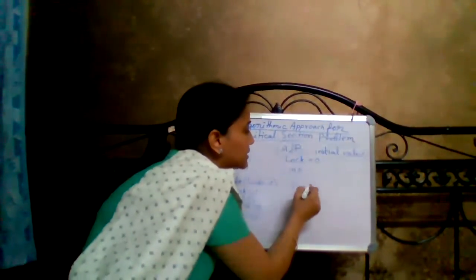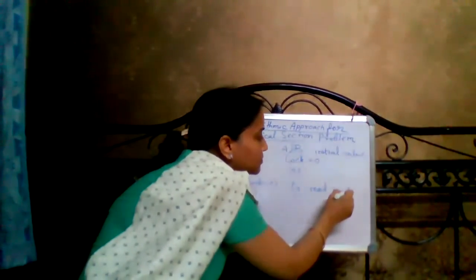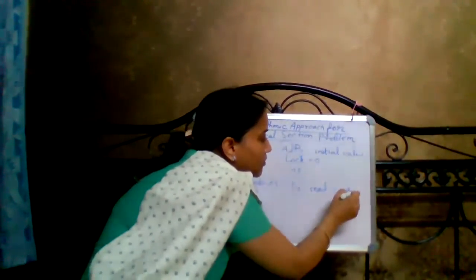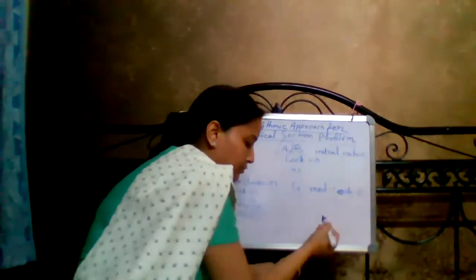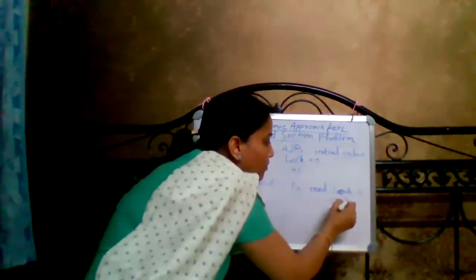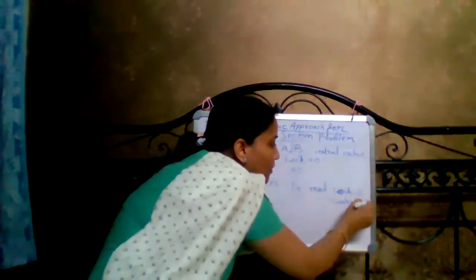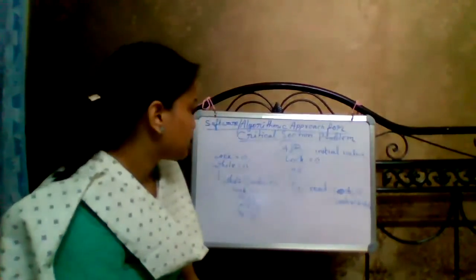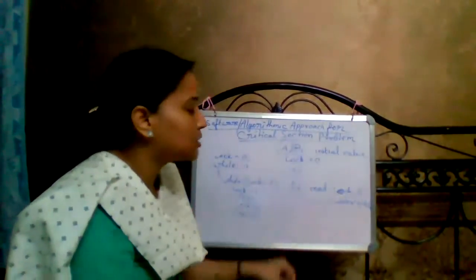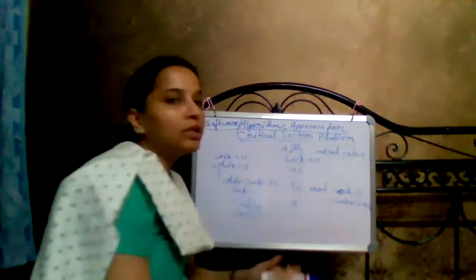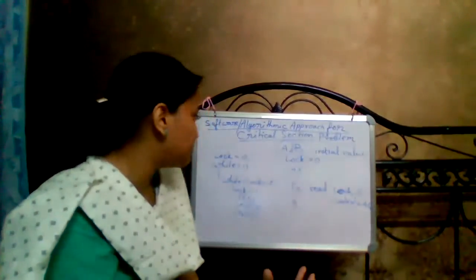Process A just read the value of lock as 0, and after that the context switch occurs. Then the other process, that is process B, is now working in the CPU. What does process B do?